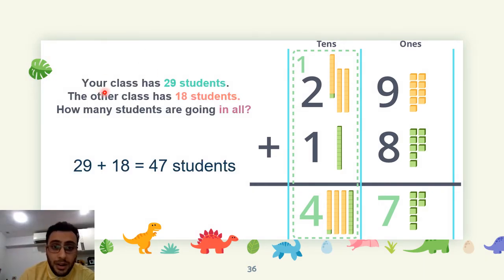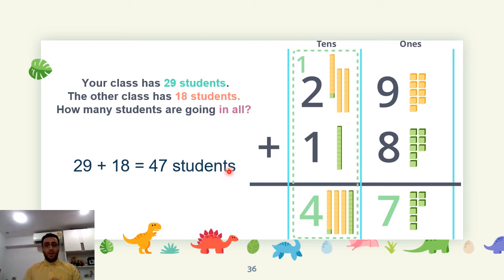So as you remember, your class has 29 students, the other class has 18 students, and together we say 29 plus 18 equals 47 students. Because we're talking about students, right? So we say 47 students.